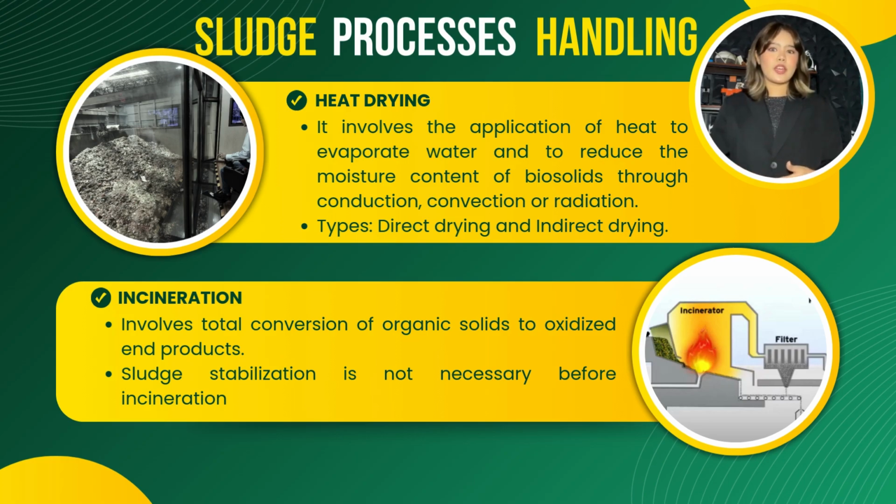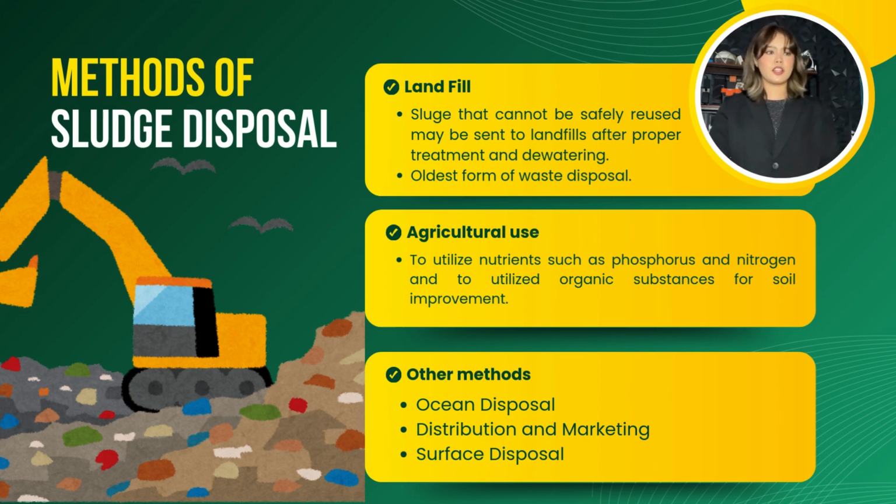And for indirect drying, moisture evaporates when wastewater solids contact metal surfaces heated by a hot medium. Then for incineration, it involves total conversion of organic solids to oxidized end products. Sludge stabilization is not necessary before incineration. So H2O or water, carbon dioxide, and ash are primarily the end products of incineration.